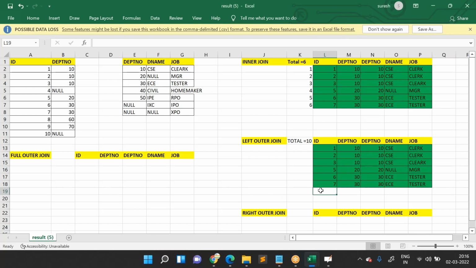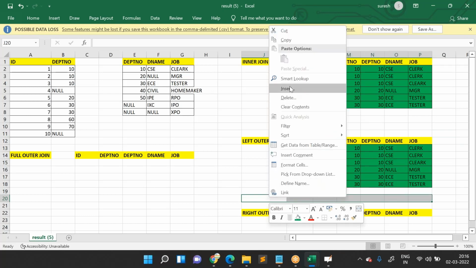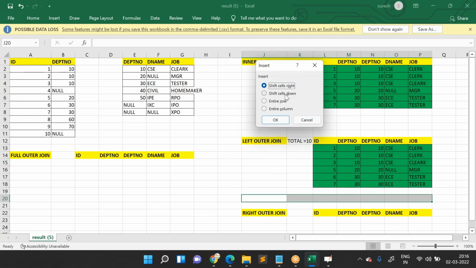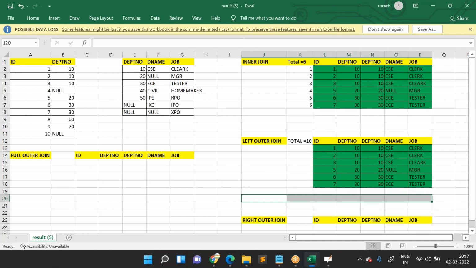For that, I need 4 spaces here. I need to buy 4 spaces from Excel. How? Insert, shift cells down. Okay, I got 1, 2, 3, 4. So 1, 2, 3, 4, 5, 6, 7, 8, 9, 10. These are all 10 records.